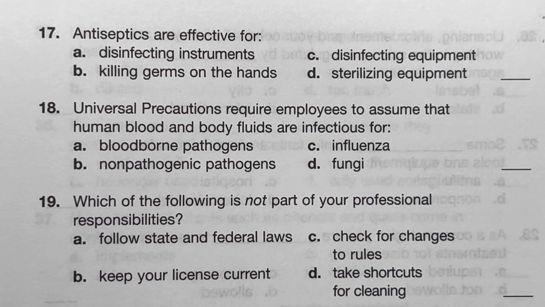Universal Precautions requires employees to assume that human blood and body fluids are infectious for A. Blood-borne pathogens, B. Non-pathogenic pathogens, C. Influenza, D. Fungi. And the correct answer is A. Blood-borne pathogens.